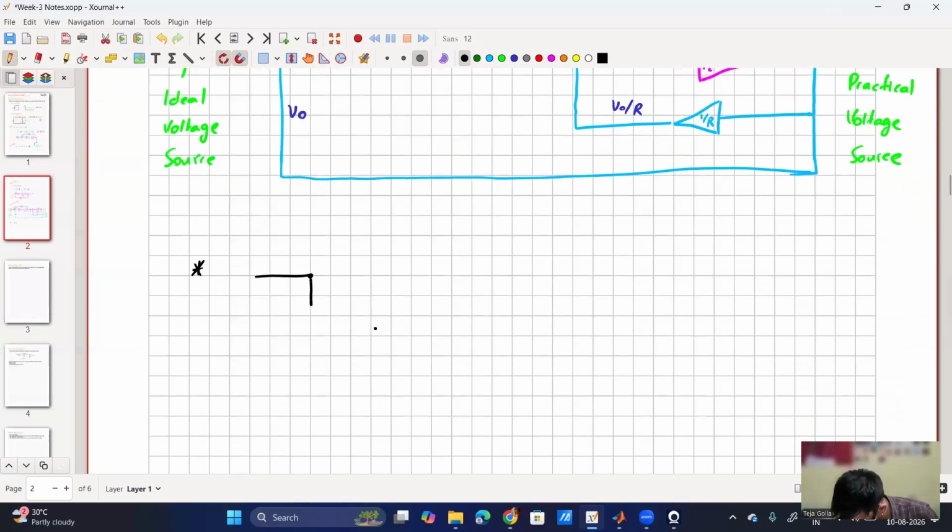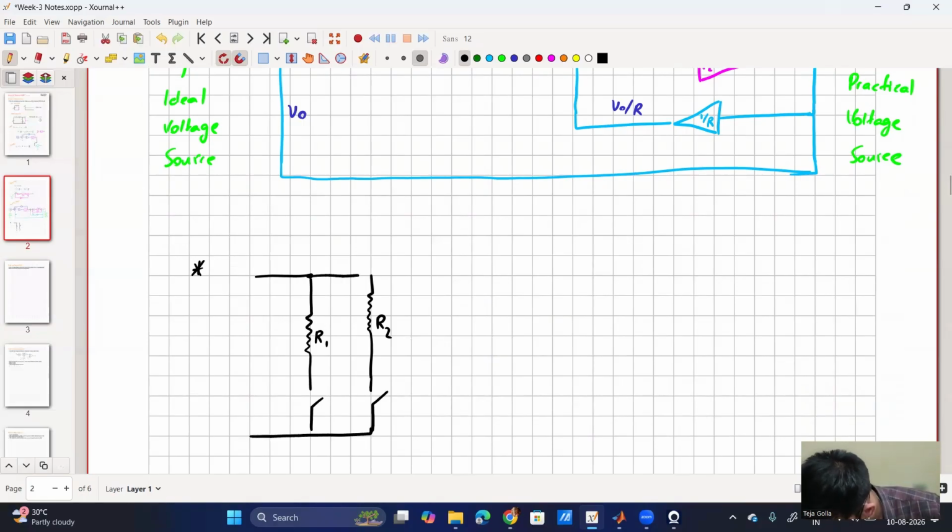At the output V0, I have R1, then I have R2, then I have a complementary switch. This is my plus minus V0. Here I am giving Q, here Q bar. So if Q is on, R1 is connected. If Q bar is on, then R2 is connected.